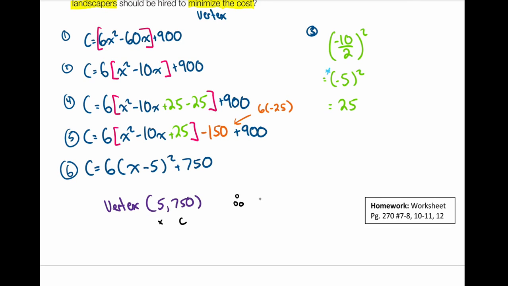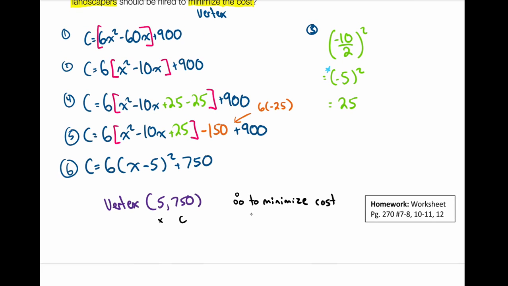So therefore, to minimize cost, 5 landscapers, because we said x represents the number of landscapers.